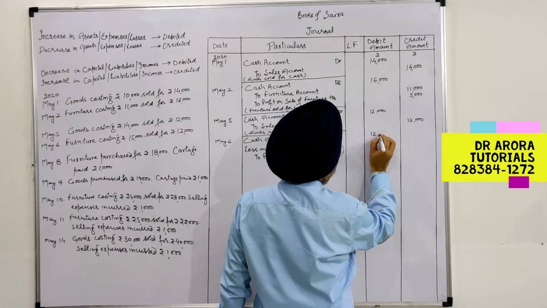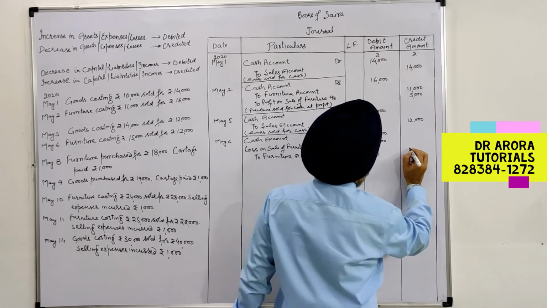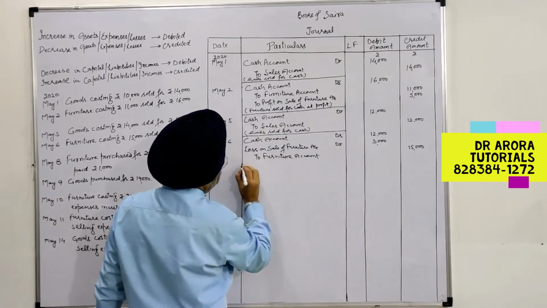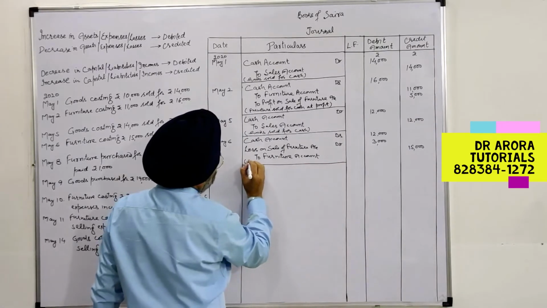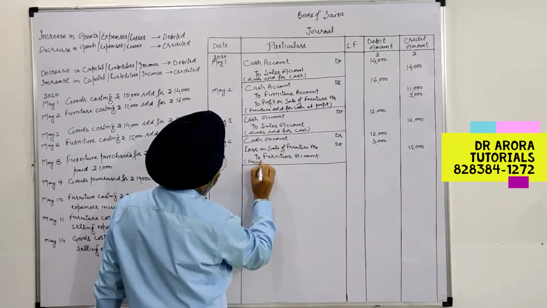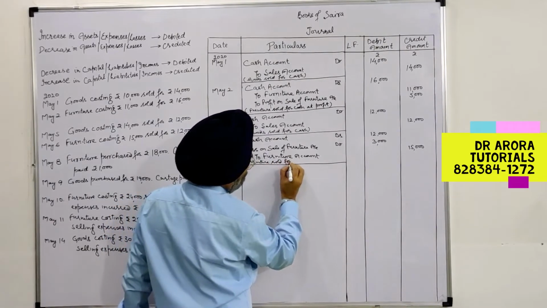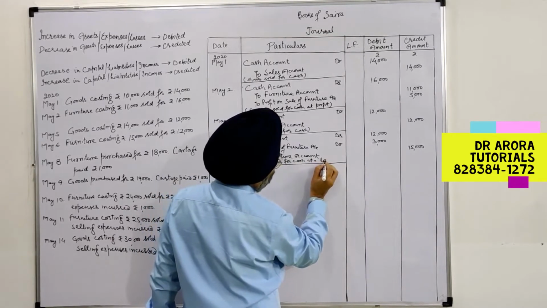So 12,000 cash we received, 3,000 loss we suffered, and the cost of the furniture was 15,000. So narration will be furniture sold for cash at a loss.